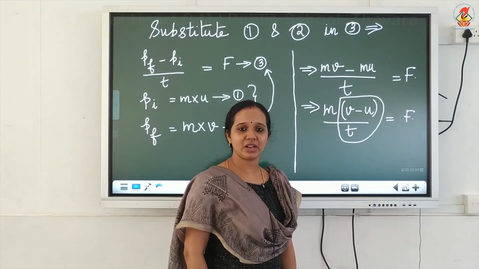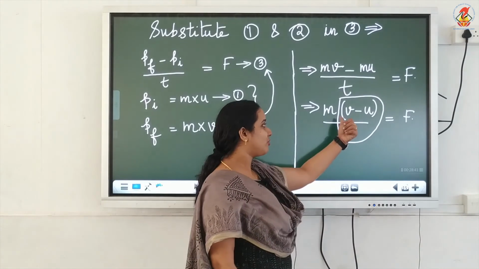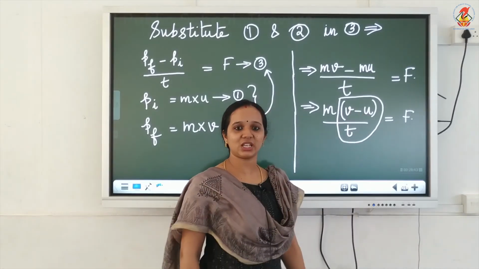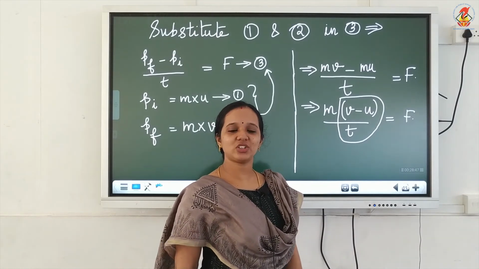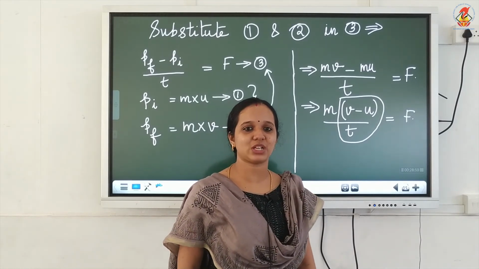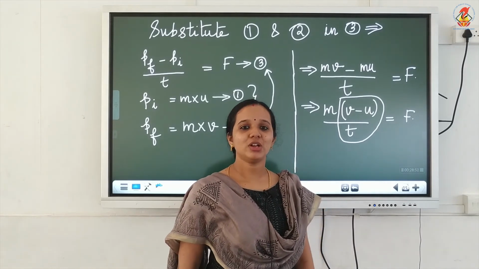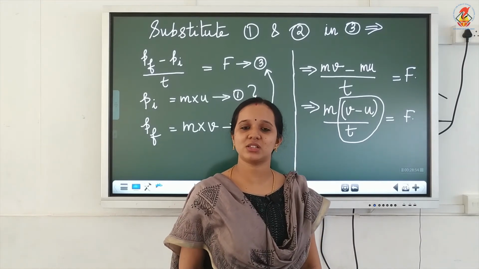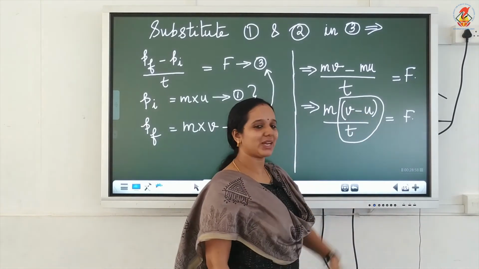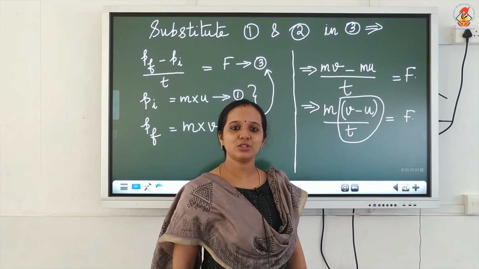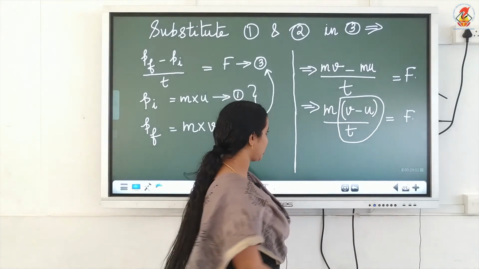Already we have learnt in the first chapter that (v minus u) by T is the acceleration A. Change in velocity with respect to time, the rate of change of velocity, is the acceleration.